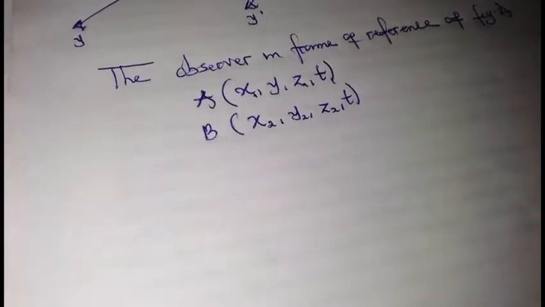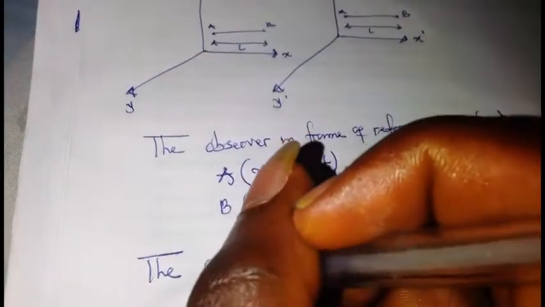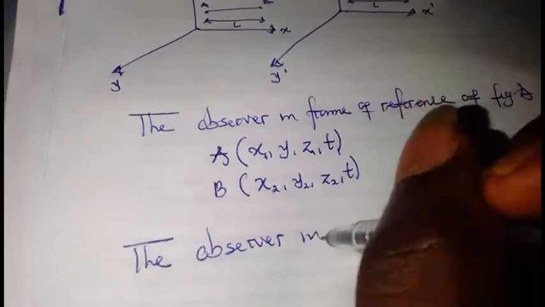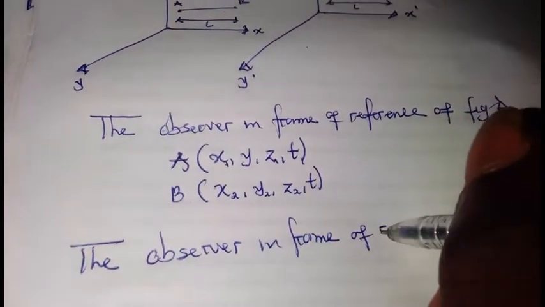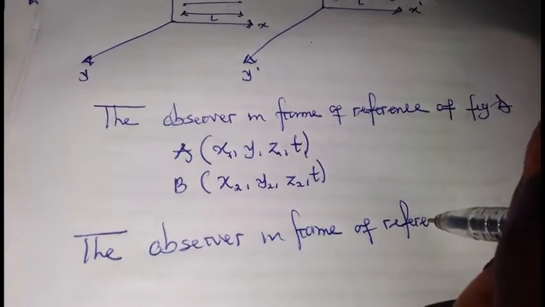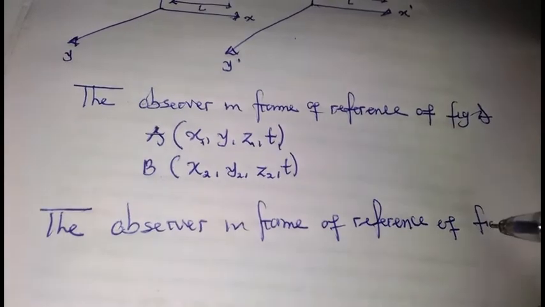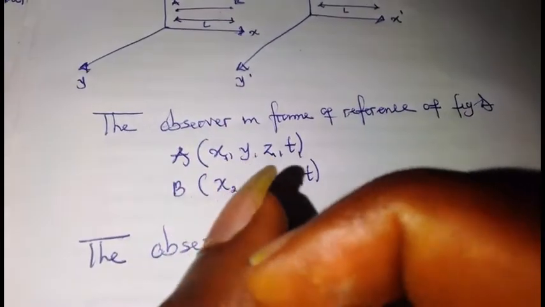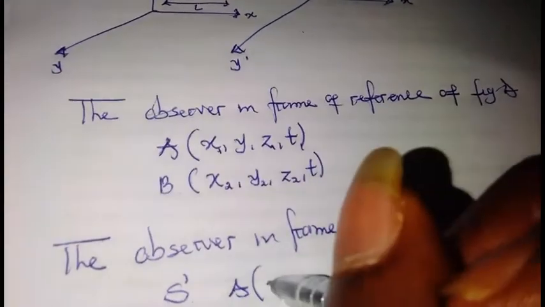So I have again the observer in the frame of reference of figure B, so that's s prime. So A in s prime will give me what?